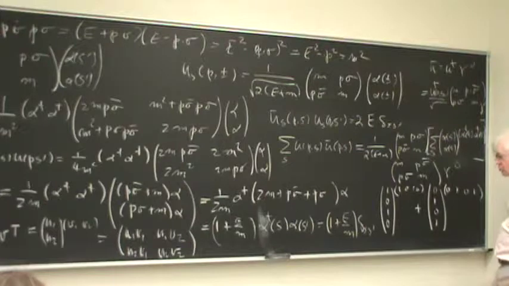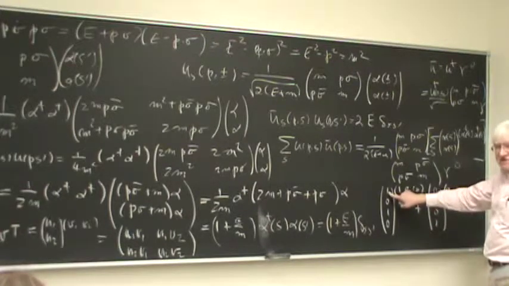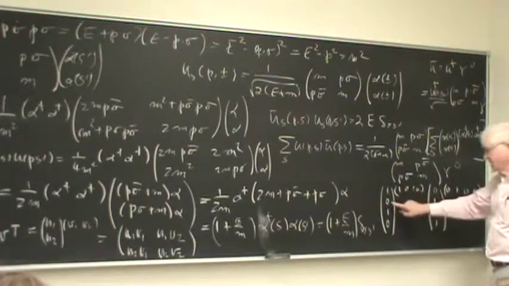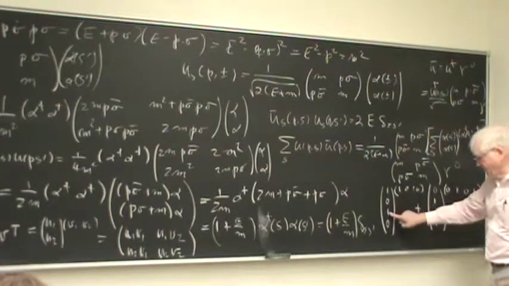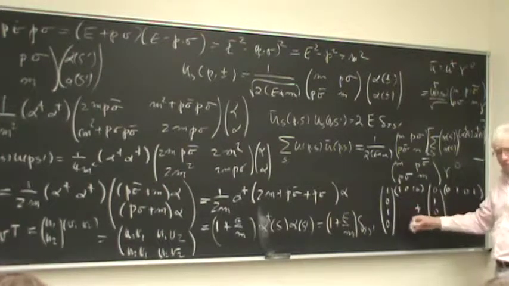And now the rule for making these outer products is that you just take the first element of the vector and multiply it by every element of the row, second element times every element, third element times every element, fourth element times every, and that way you generate a 4x4 matrix.